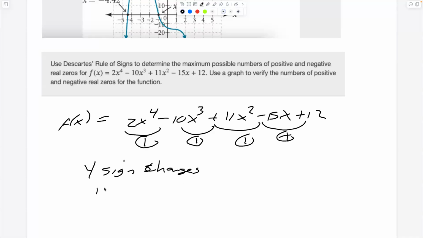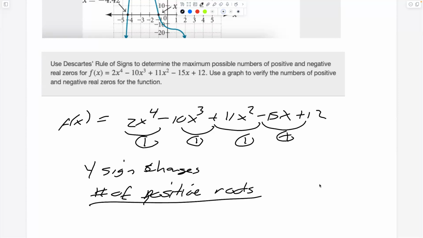So that means the number of positive roots must be that number we just got, or, and I just keep subtracting 2 until I can't do that anymore, 2 or 0.